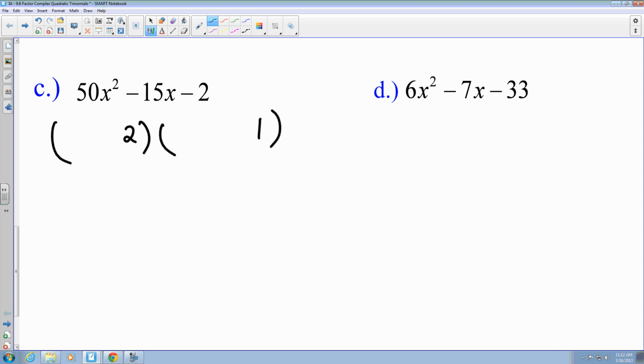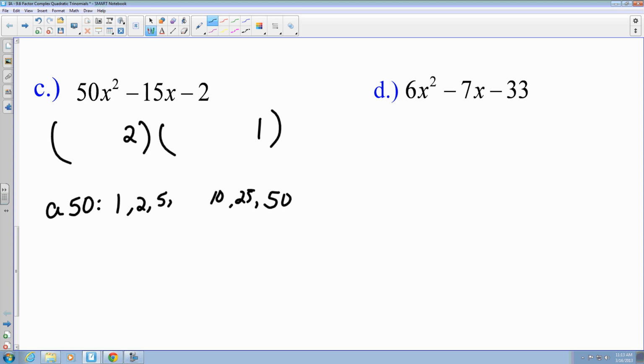So now what I want to do is find the factors of my a, which is 50. So I can go 1, 50, 2, 25. There's no 3. Is there 4? No. So there's 5 and 10.